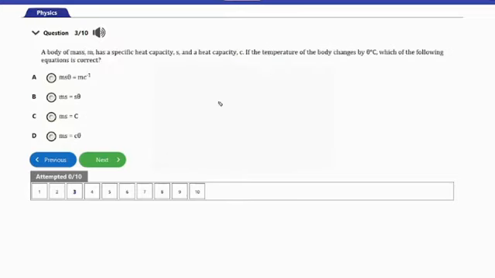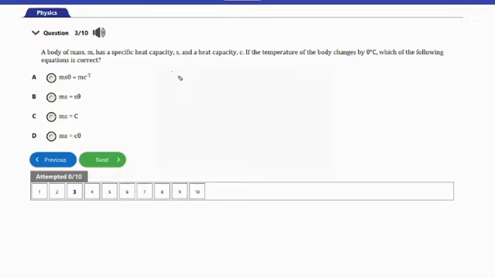It says a body of mass M has a specific heat capacity S and a heat capacity C. If the temperature of the body changes by theta degrees Celsius, which of the following equations is correct? So guys, for this we are going to have that heat loss will be equal to heat gained.